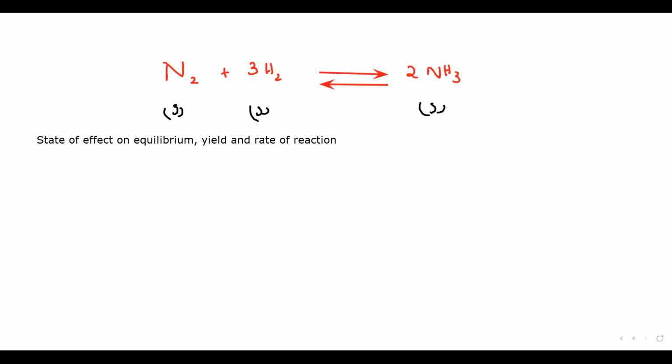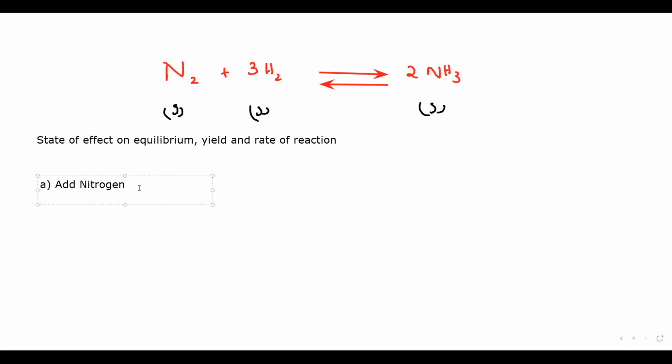Example: if I add nitrogen. Adding nitrogen means adding a reactant. If I add nitrogen, or add a reactant, first, where will the equilibrium shift, right or left?